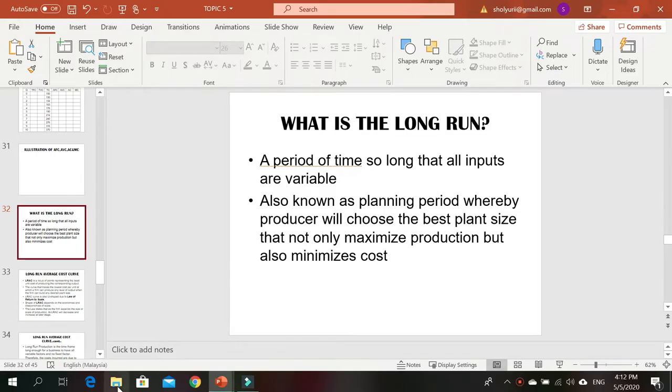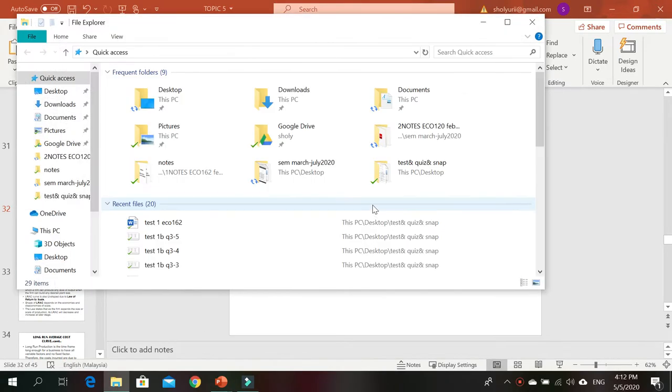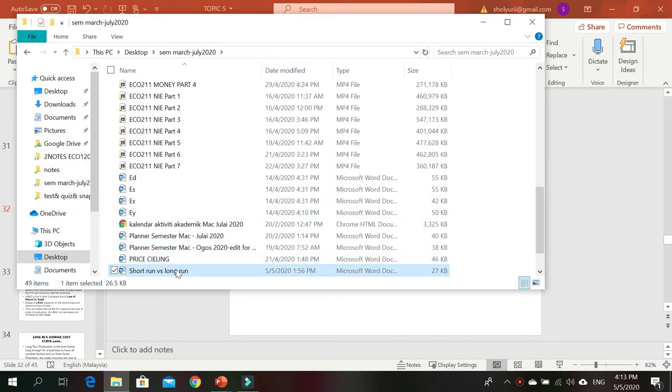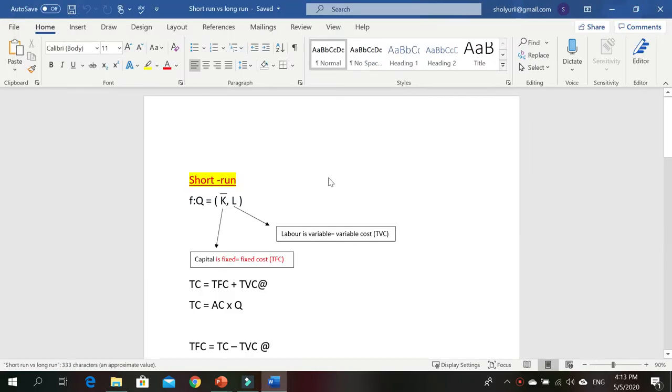Okay, so again what I said, we have two time frames for our production process, the long run and also the short run. In the short run, one of our inputs has a limit, meaning that it is fixed, so the cost associated with the fixed input is fixed cost.